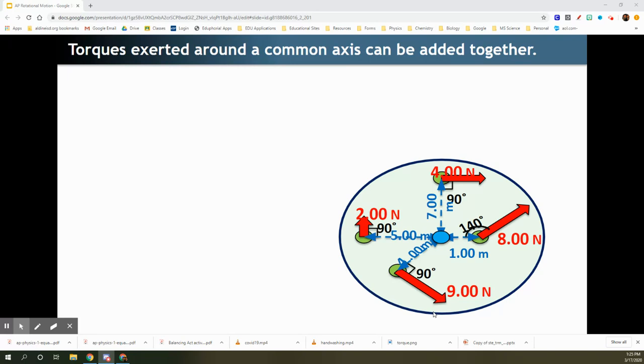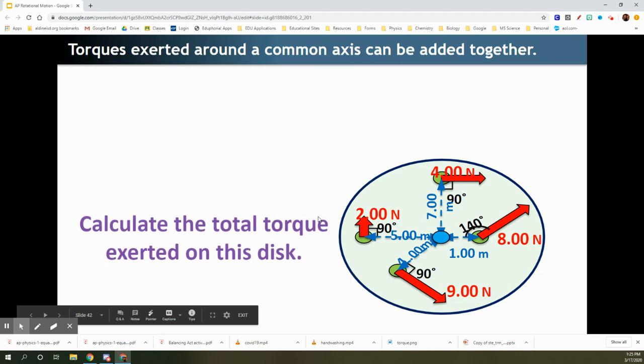Okay, so we're on slide 42, and it says torques exerted around a common axis can be added together. And we have this situation of some forces that are spinning an object. So if we want to calculate the total torque exerted on the disc, then we have to understand the formula for torque.